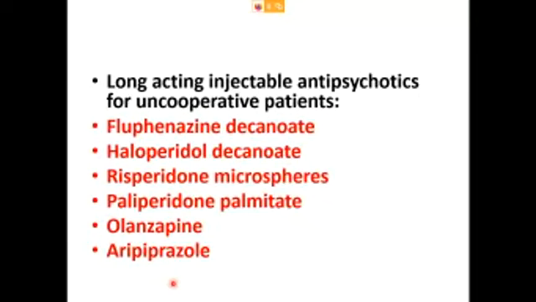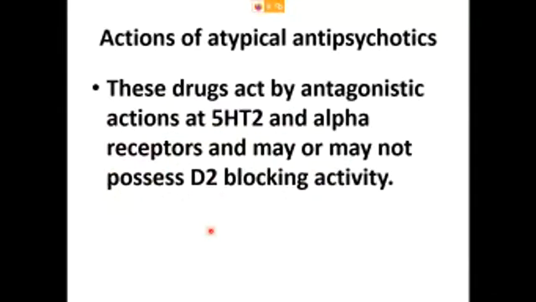These are given to uncooperative patients who cannot take drugs by mouth, as a once monthly IM injection. Fluphenazine and haloperidol are first generation drugs. Risperidone, paliperidone, olanzapine, and aripiprazole are second generation atypical antipsychotics. Paliperidone is the metabolite of risperidone.